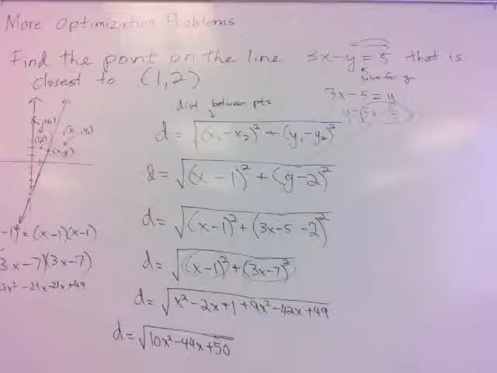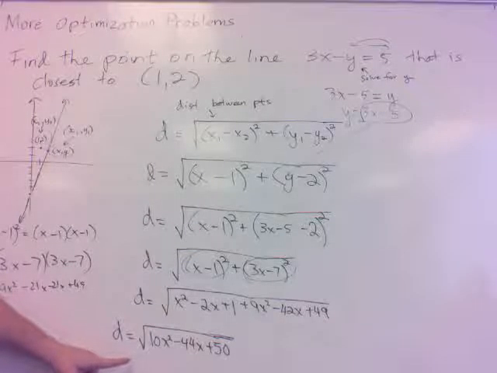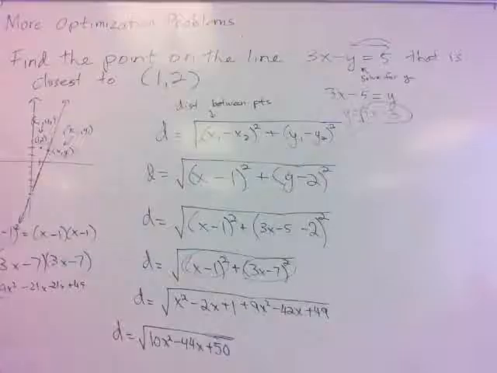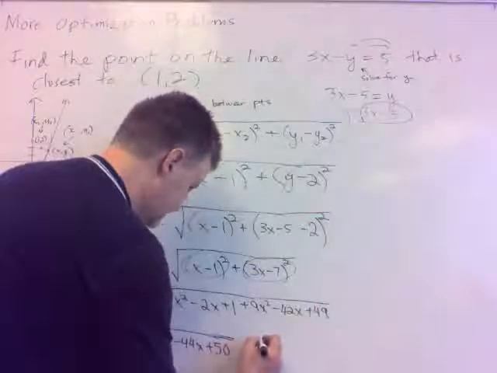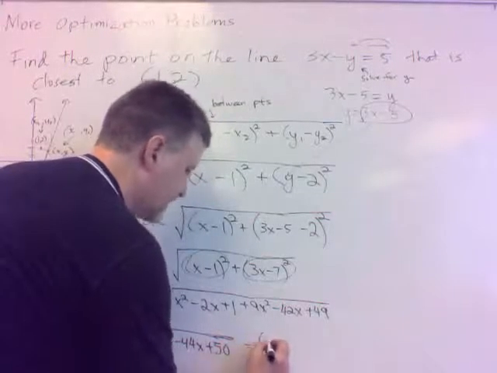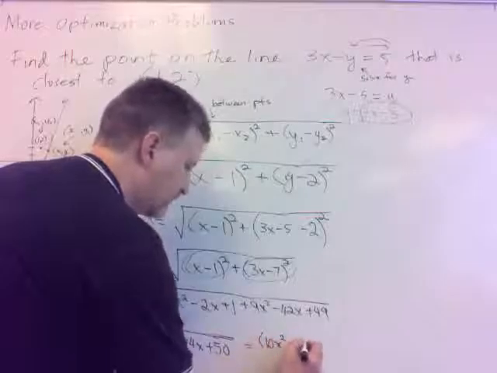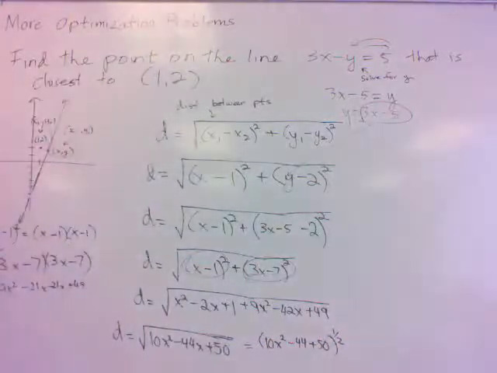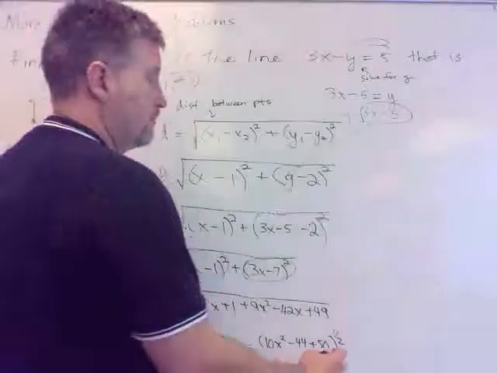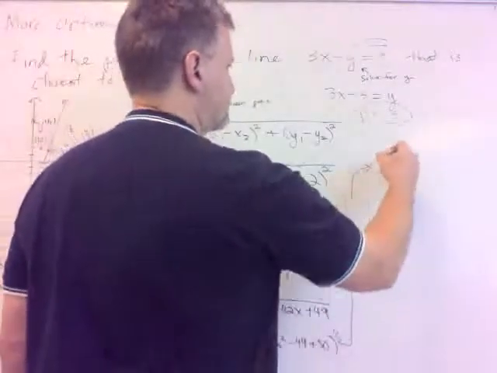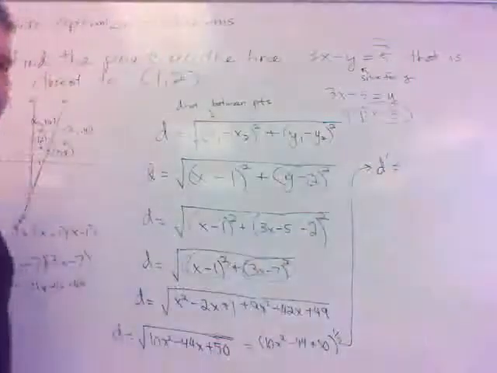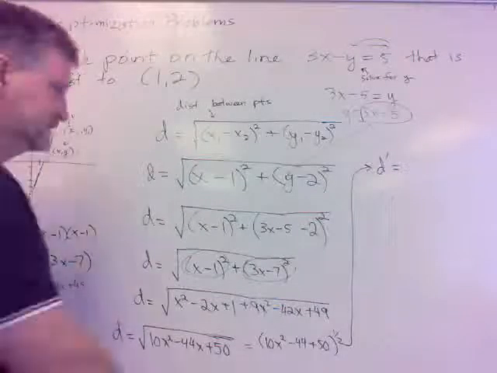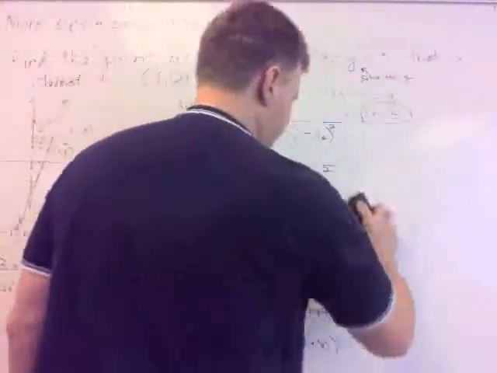Pointer number 2. I'm going to do the derivative. And how am I going to do the derivative of that? What rule? It's chain rule. So let's write that not as a square root, but as (10x squared minus 44x plus 50) to the 1/2 power. So now I can do the chain rule pretty easily. So I'm going to get the derivative here. I know I'm going to need more room than that.